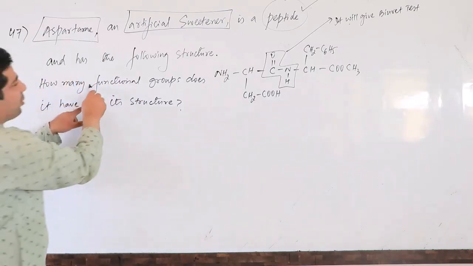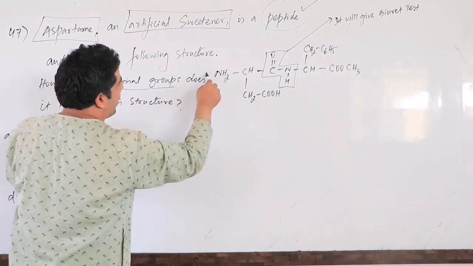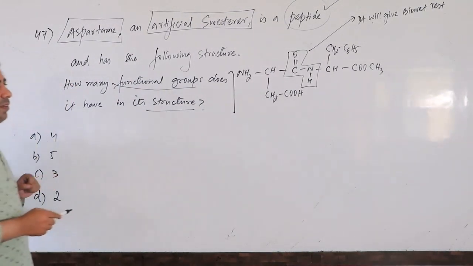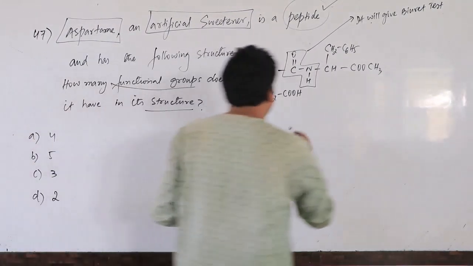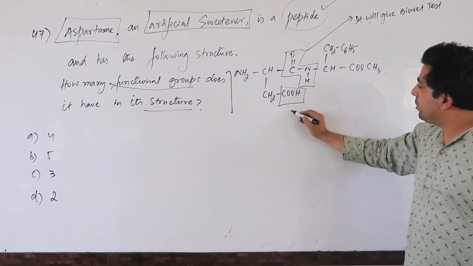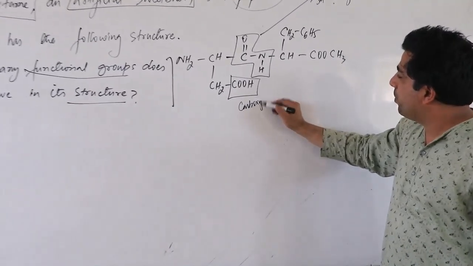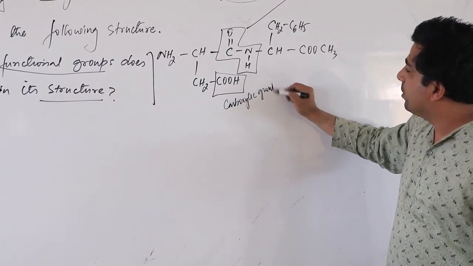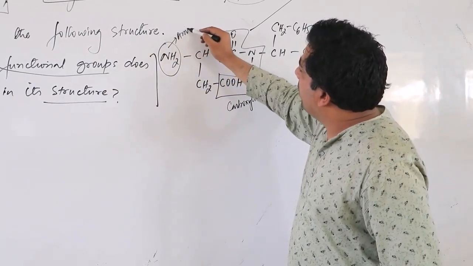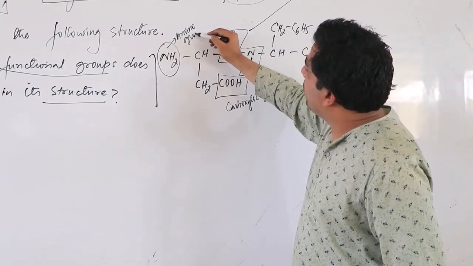Now what is our question here? How many functional groups does it have in its structure? We have to find out. How many functional groups are there? Let us see. If you look at this COOH, this is your carboxylic group. It's a functional group. If you look at NH2, it's an amine group or amino group, also a functional group.